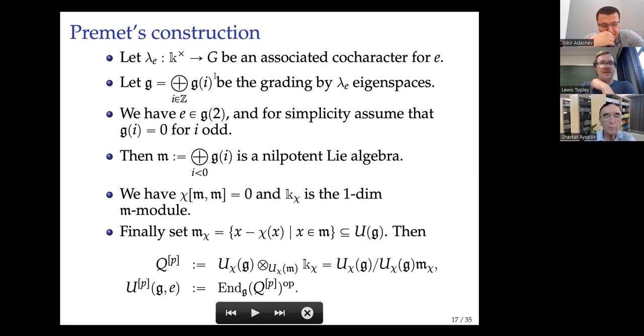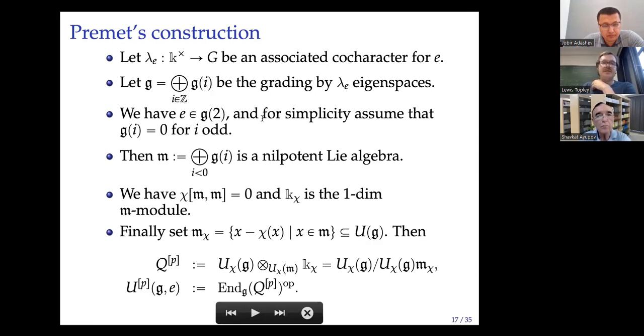So sorry if that's a little bit technical, but because the grading behaves like it does in characteristic 0, we know that the semisimple element H acts on E by 2, and so E does live in the 2 eigenspace for this co-character.